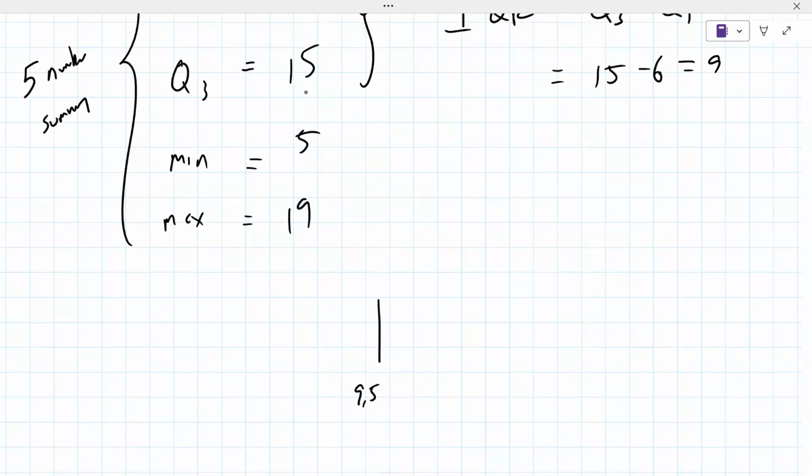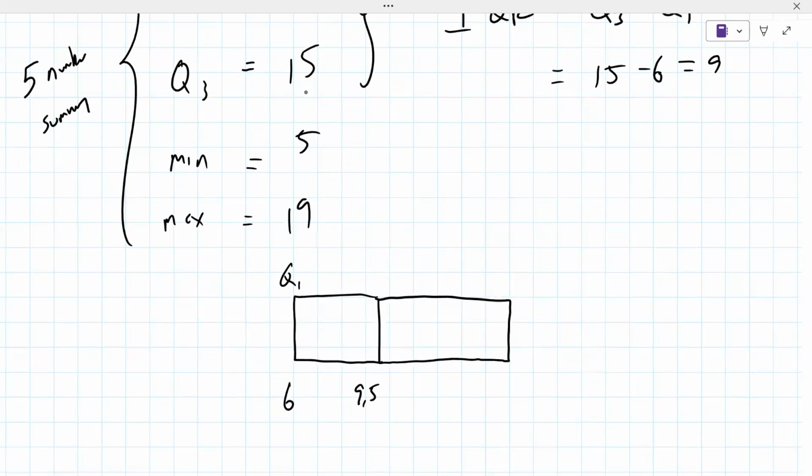So there's Q1, and then out to 15 is Q3. Then you go out to the min. The min is 5. The max is 19. And that's how you draw a box plot.